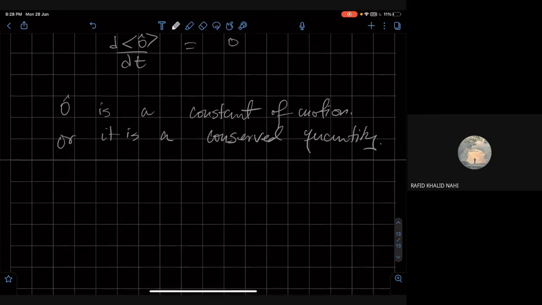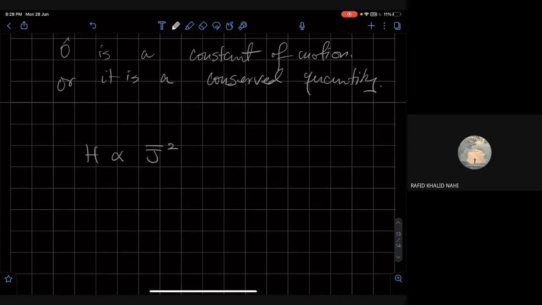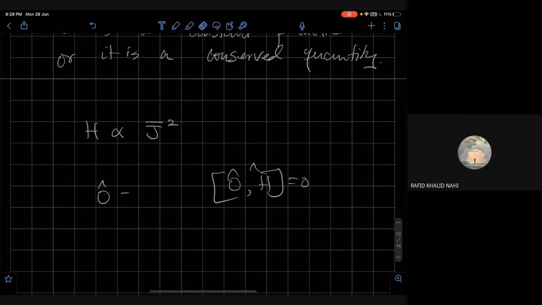Suppose now that we have some Hamiltonian which is proportional to the total angular momentum. Then if I take O to be J squared, O will commute with H. Or even if I take O to be Jz, or Jx and Jy, this will be true.